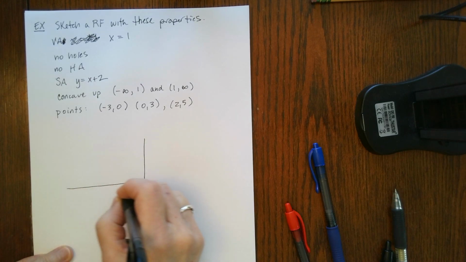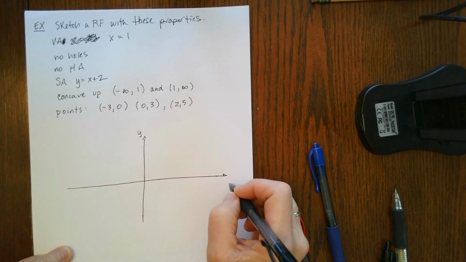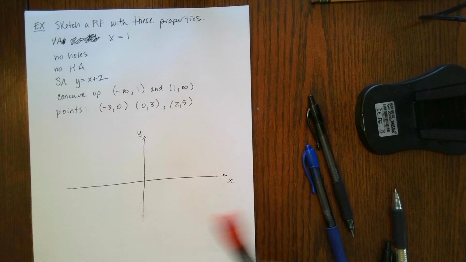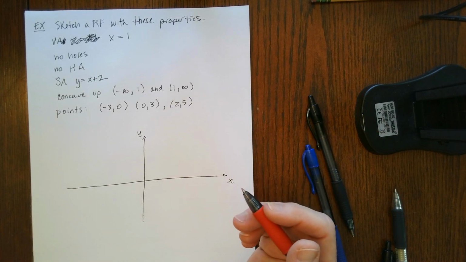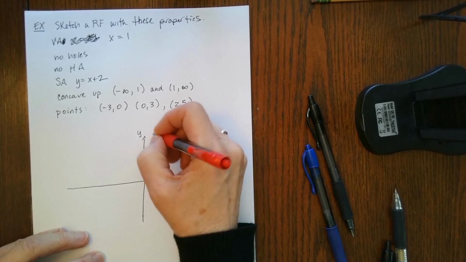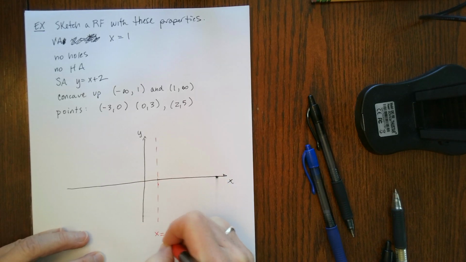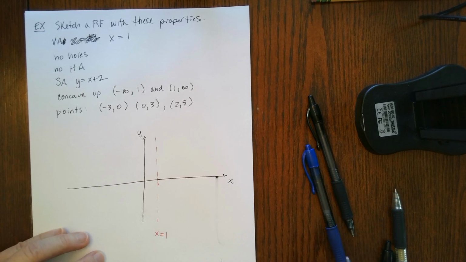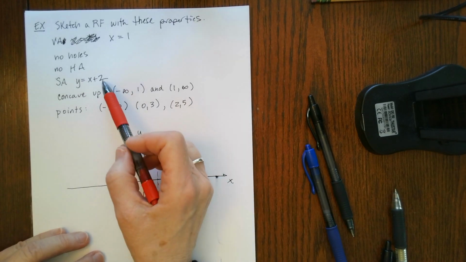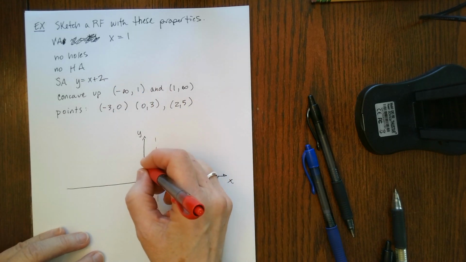So if you're not really sure where to start, it's always useful to start by graphing your asymptotes. So we have a vertical asymptote at x equals 1. We also have a slant asymptote at y equals x plus 2. So let's see, when x is 0, we're going to cross at 2.